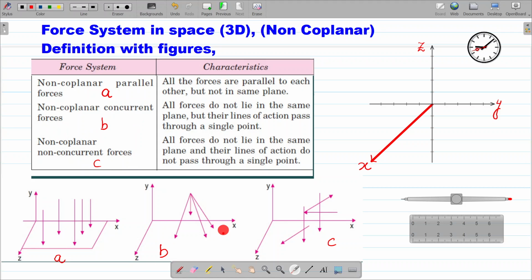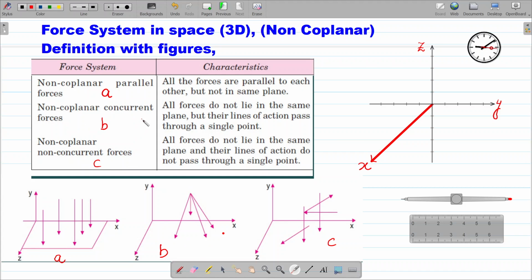Again, this is a three-dimensional axis being shown to you, but you can see these forces do not lie in the same plane, which means they are non-coplanar, but they are all converging at a single point. So if you encounter this kind of system, it will be termed non-coplanar concurrent forces. These forces are not in a single plane but converge at a single point, making it concurrent.